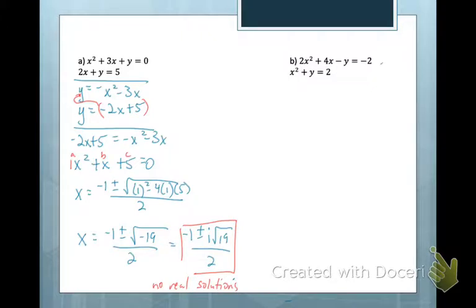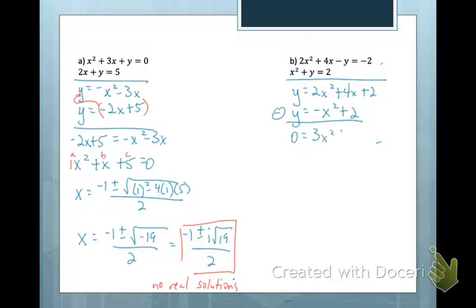Now, in the next example, I am going to solve using elimination. So I solve each of these for y, and then I realize if I subtract, I can eliminate my y's. So I subtract each of these pairs of terms, and I get positive 3x squared plus 4x, and then my 2 minus 2 will become 0.